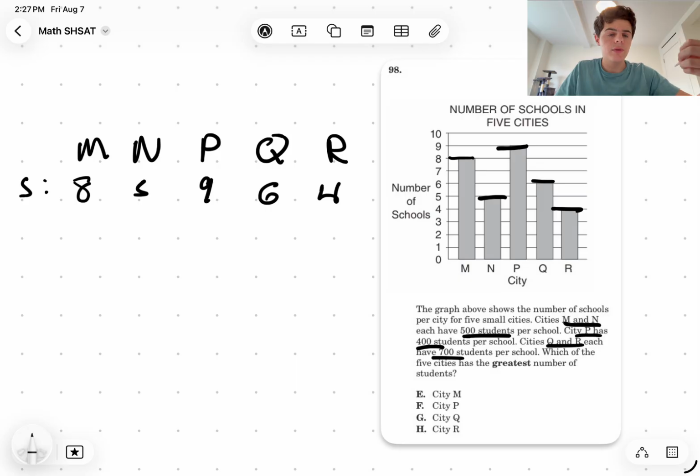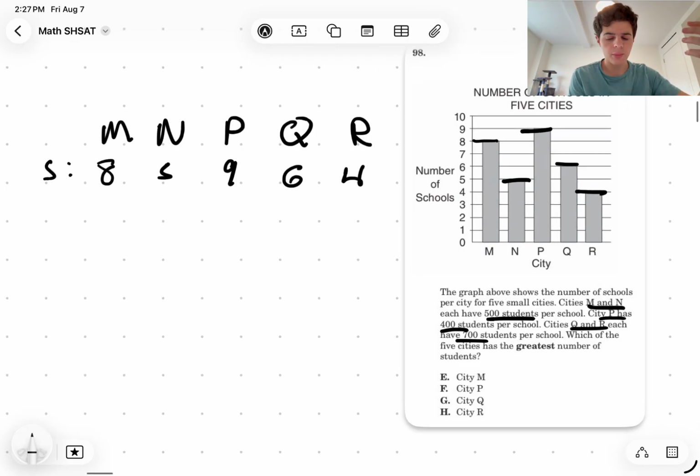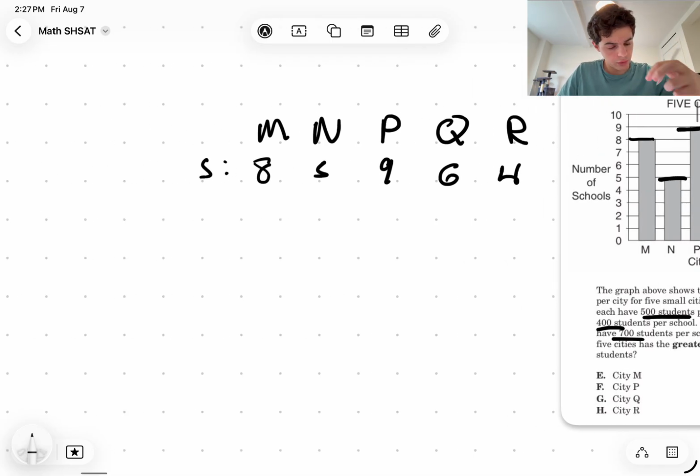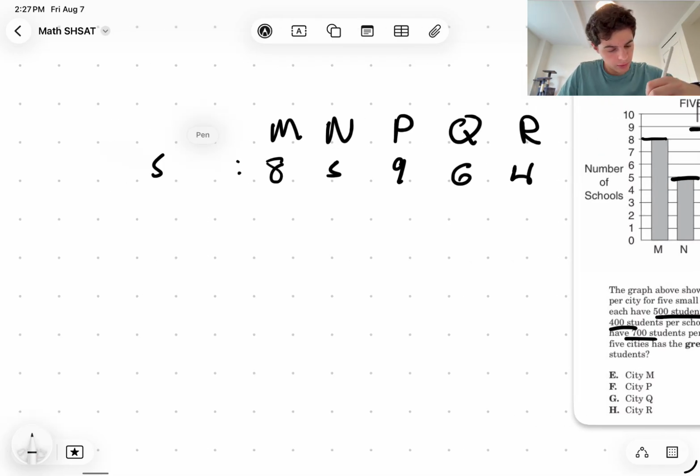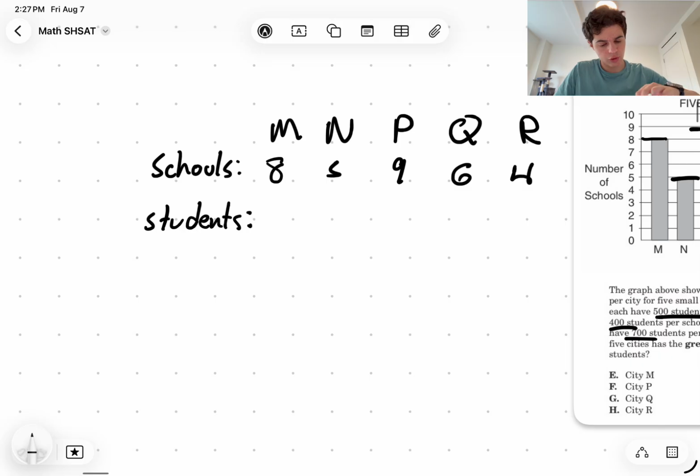Sorry, that's the number of schools, not students. Let me rewrite this so we're not confused: schools, and then students.